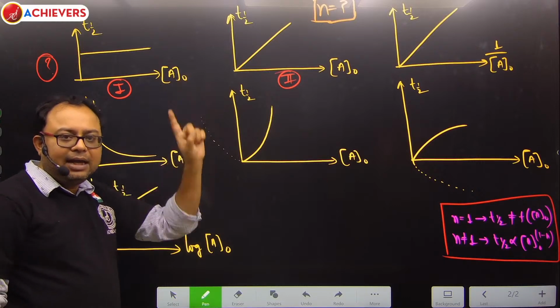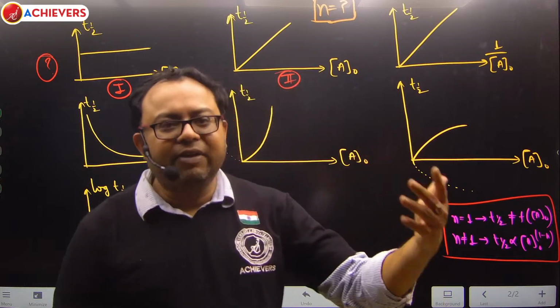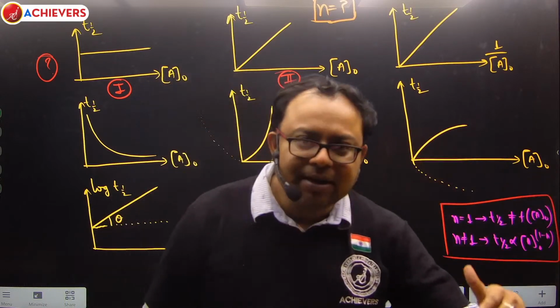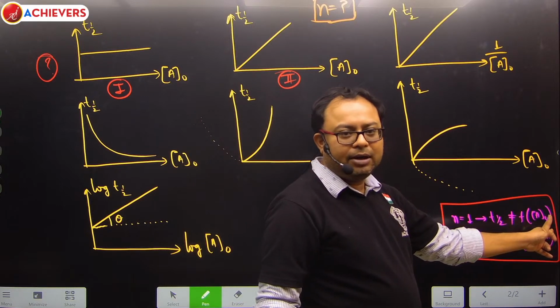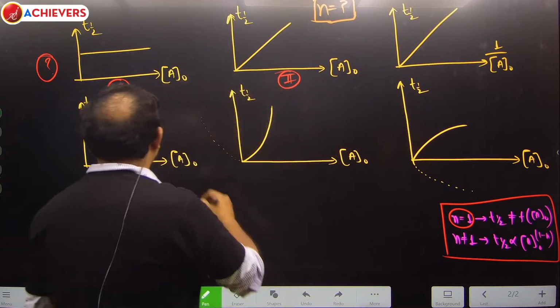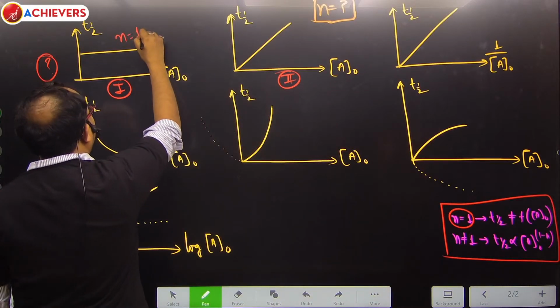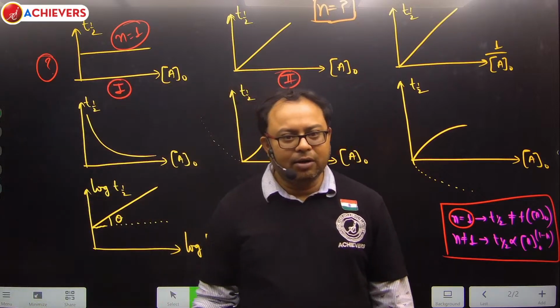That means T half is not a function of A naught. That means the order of the reaction must be 1. So here you can say the order of the reaction is 1. So from this plot we can determine the order of the reaction.